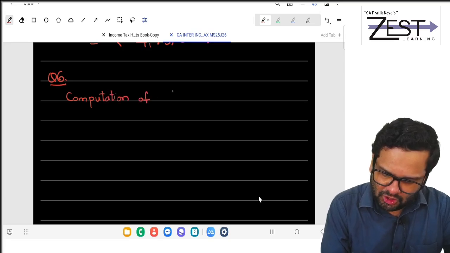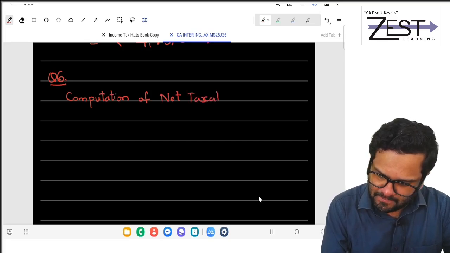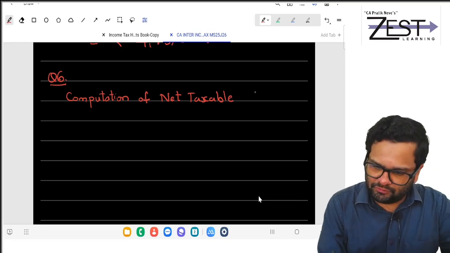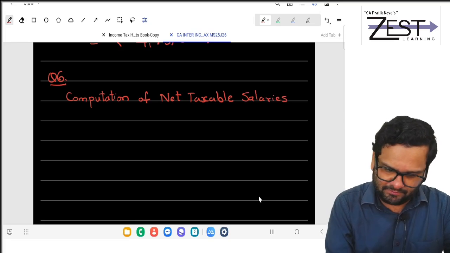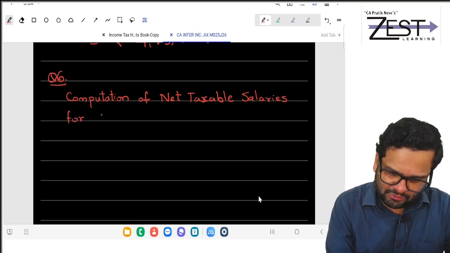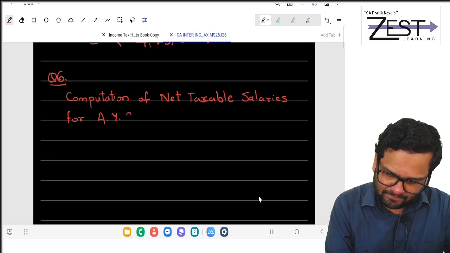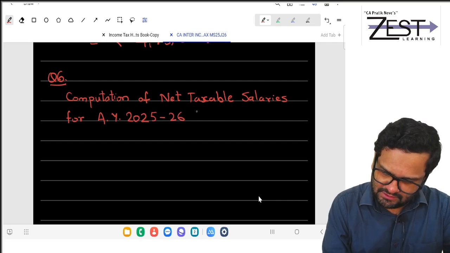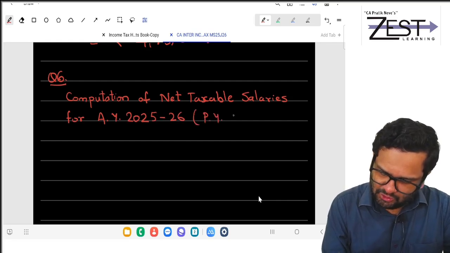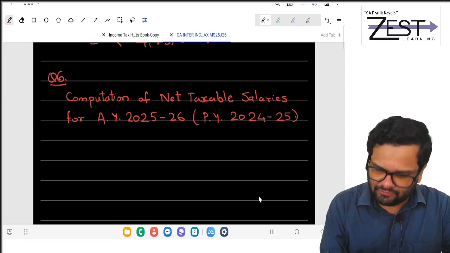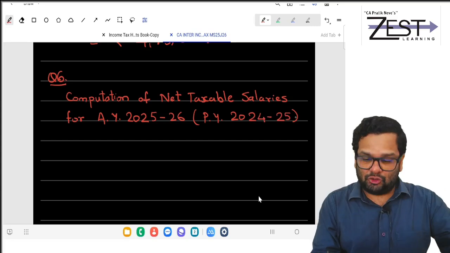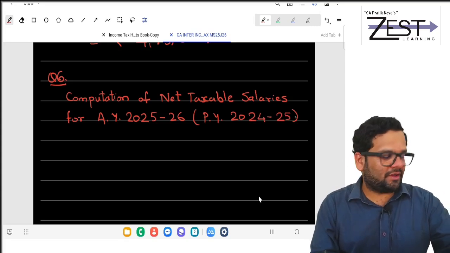Computation of net taxable salaries for assessment year 25-26, relevant to previous year 24-25.